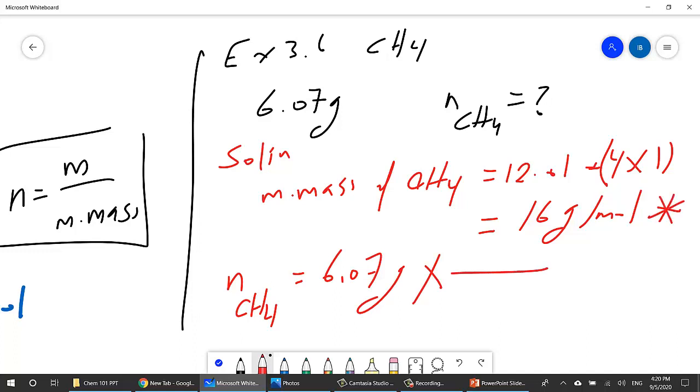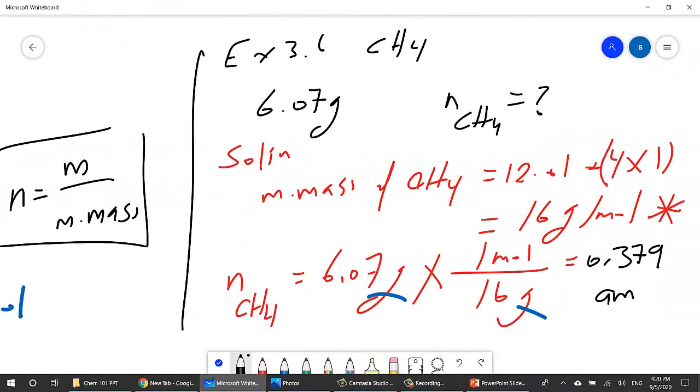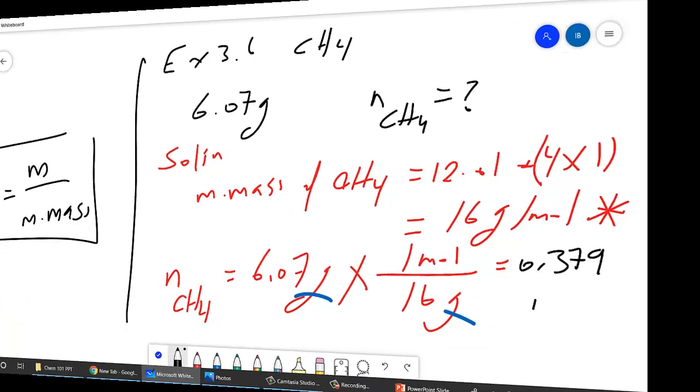This 16 gram per mole, you can write as 16 gram divided by 1 mole, or 1 mole divided by 16 gram. For this question we need the grams to go with the grams, so I put grams in the bottom and 1 mole on top. So this gram goes with this gram, and basically you divide 6.07 by 16. That will give you 0.379.